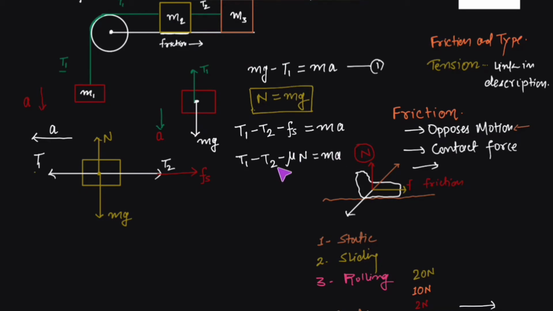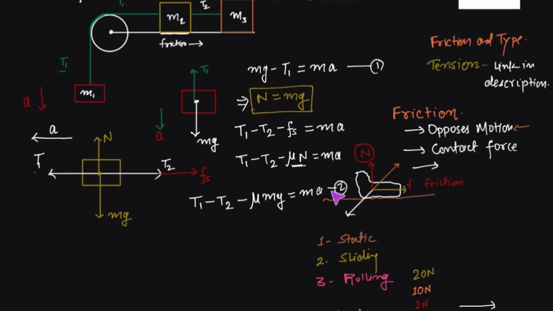Friction is always coefficient of friction multiplied by normal reaction. So this becomes T1 minus T2 minus mu N, and N is equal to mg, so T1 minus T2 minus mu mg is equal to ma. This is equation number 2.